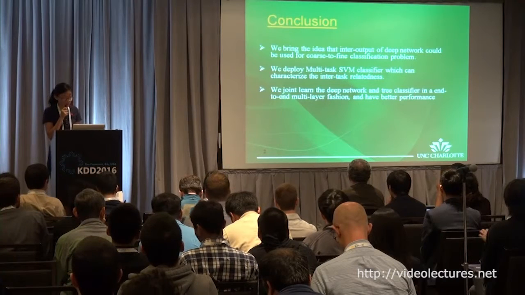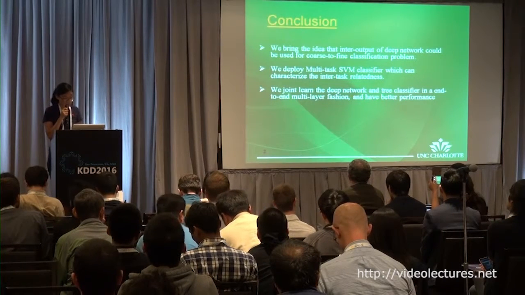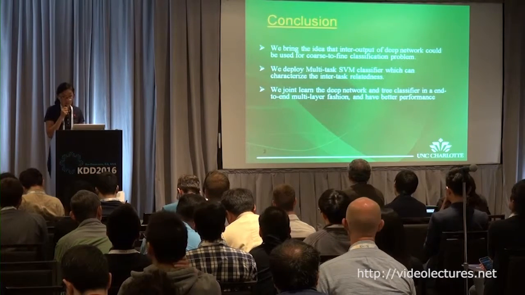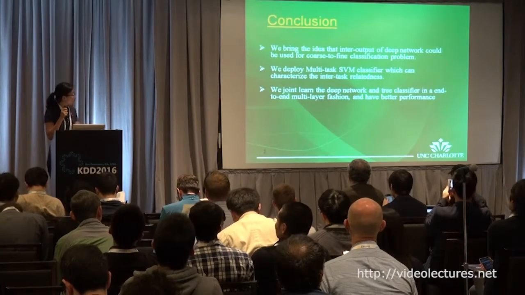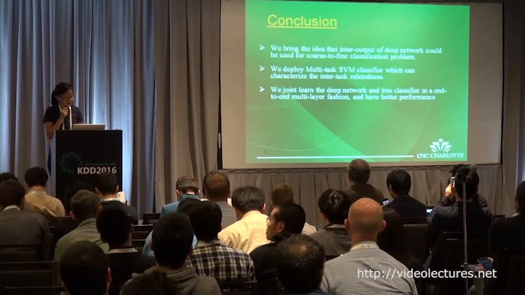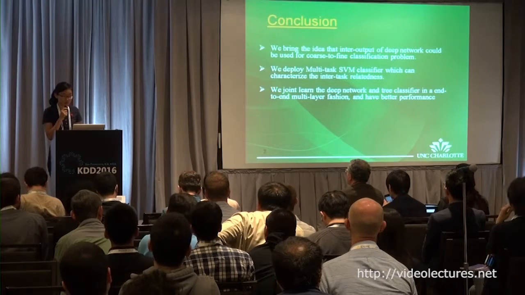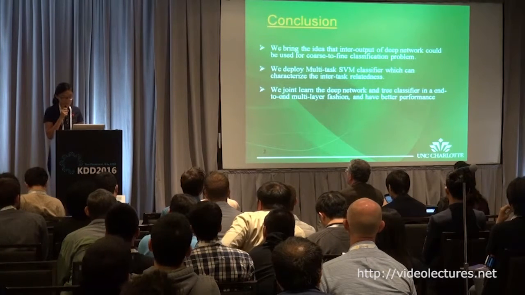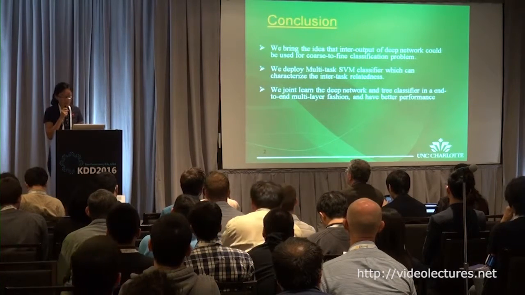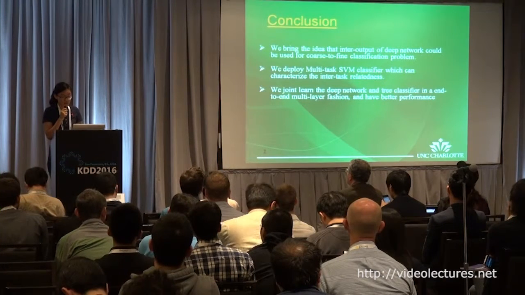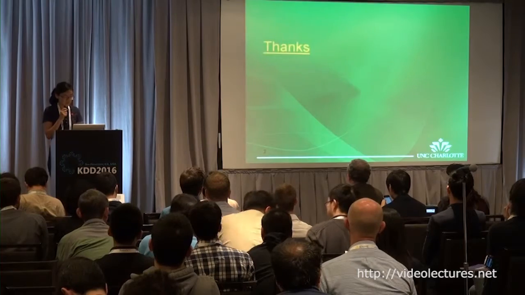And finally, we jointly learn the deep network and the tree classifier in an end-to-end multi-layer fashion, and we have better performance. A drawback in our work is that we have to have a tree before the training process. So as a next step, we will use unsupervised learning methods to jointly learn the tree and the classifier together. Thank you.